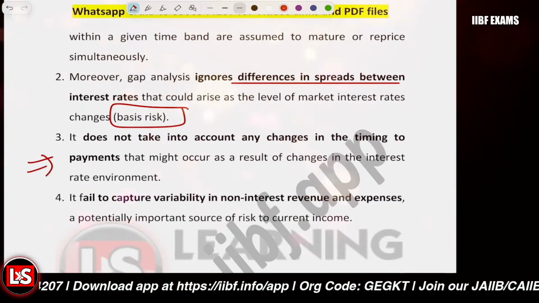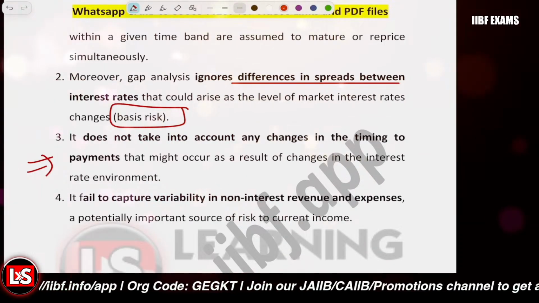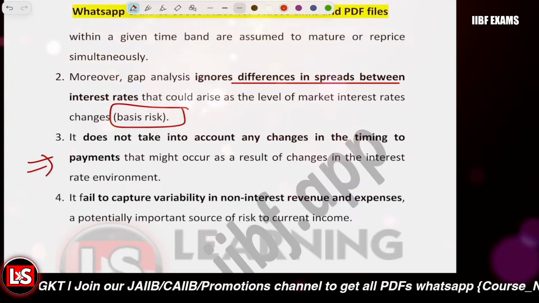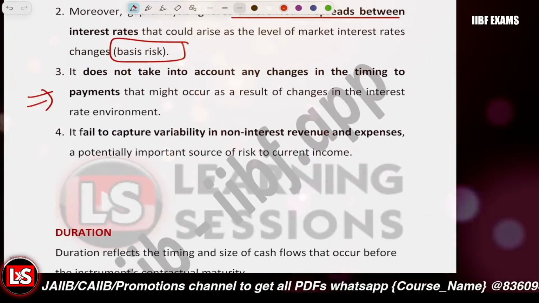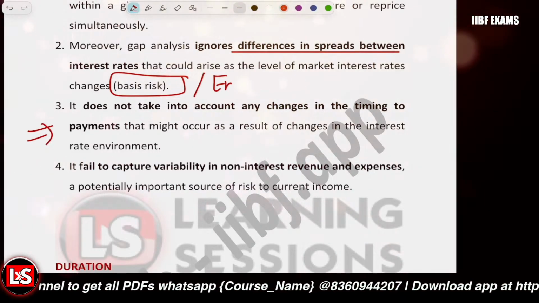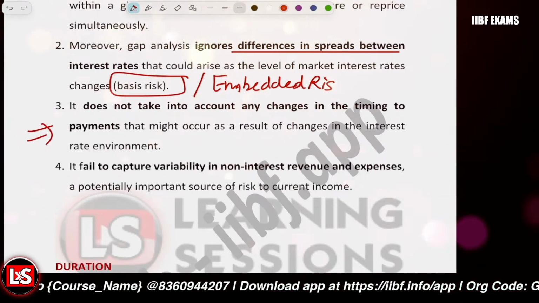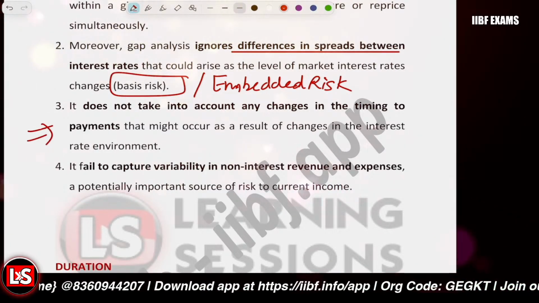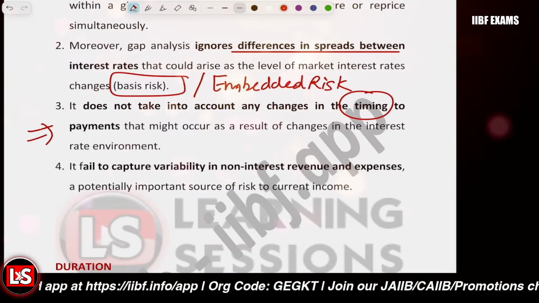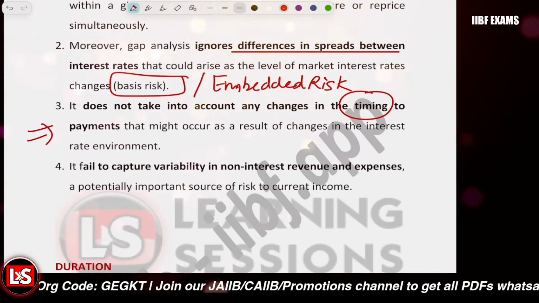We do not consider the embedded options, like there could be prepayment, there could be early withdrawal. Those are not considered. And there is no timing flexibility. Cash flow timing changes are not captured at all.